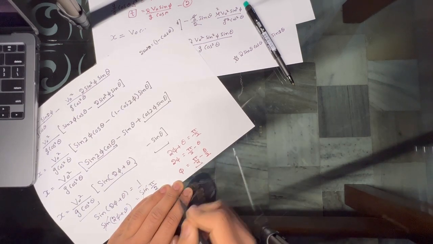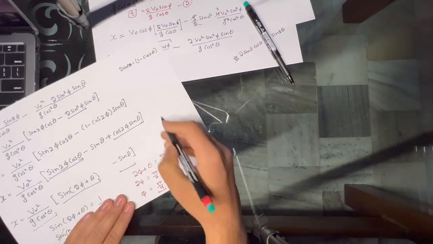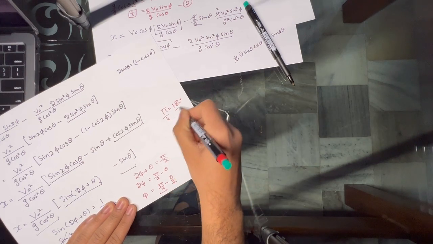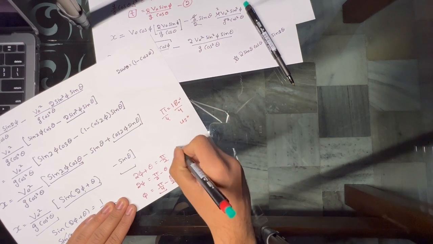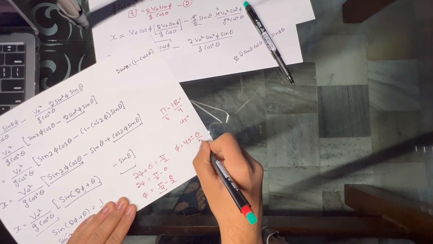Now what is pi by 4? As you all know, pi is equal to 180 degrees, so pi by 4 will give us 45 degrees. Am I right? So phi will become 45 degrees minus theta by 2.